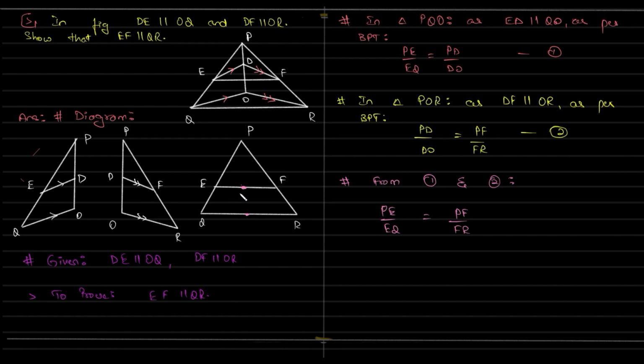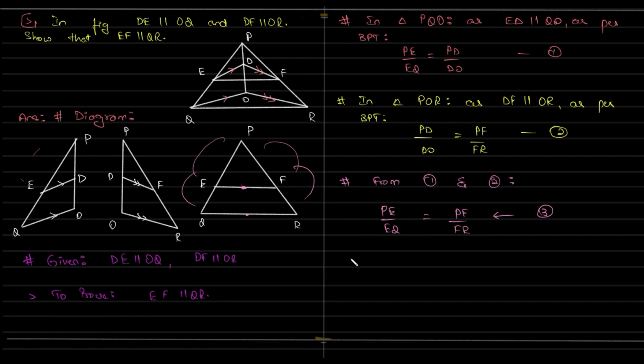Converse of BPT tells that if PE by EQ is equal to PF by FR, then I can tell these two lines are parallel. Well, we actually have done it, right? We just showed that the ratio of these two parts is equal. So we're pretty much done.